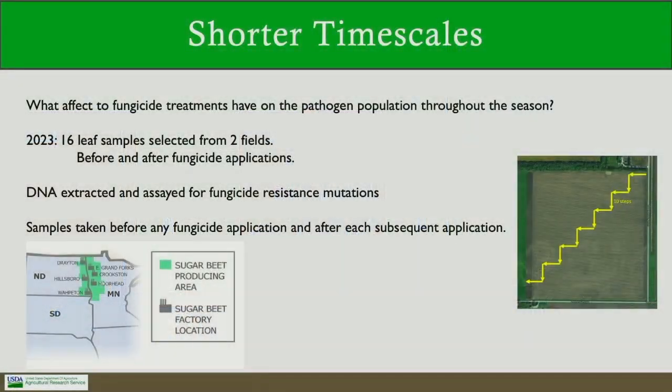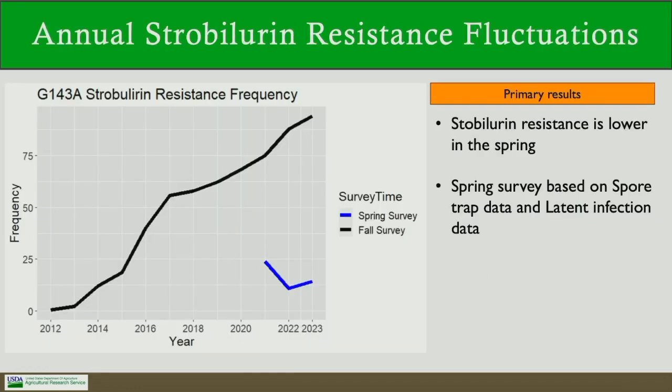Now I'm going to pivot and talk about shorter timescales. Because we have this molecular assay and it's been useful for latent infection, we were also interested in looking at how fungicide resistance changes throughout the year, especially following fungicide applications. A lot of this was spurred by what you see here.